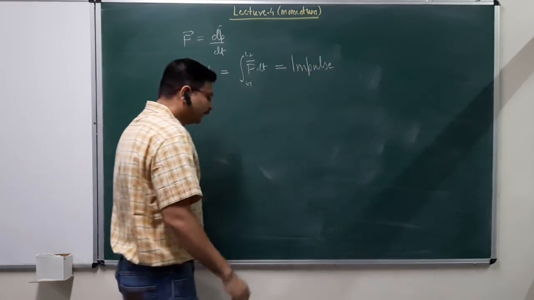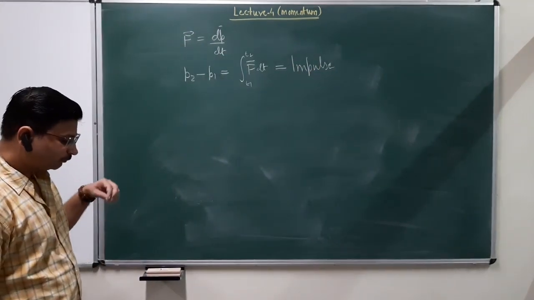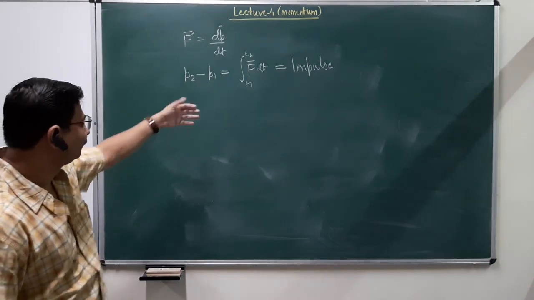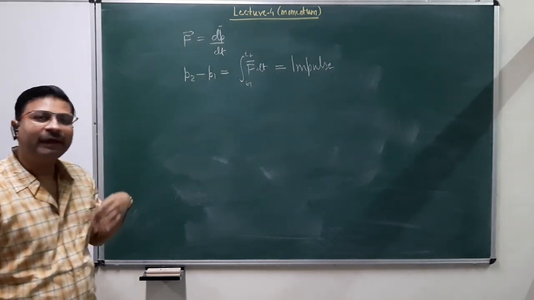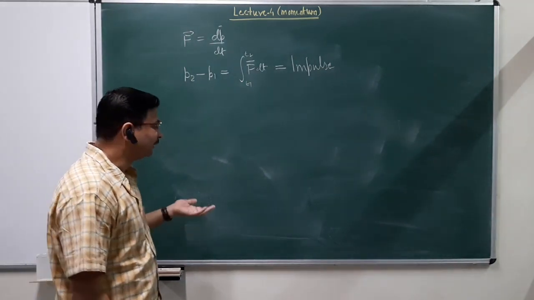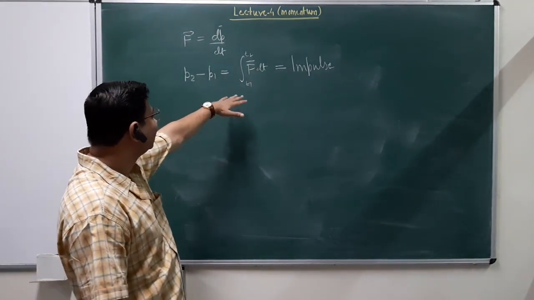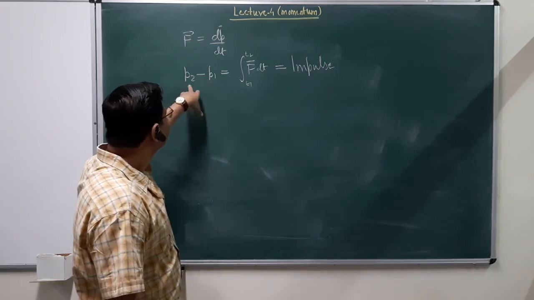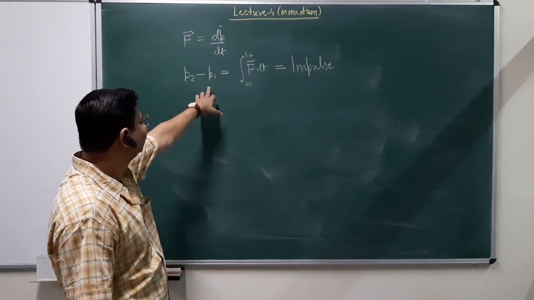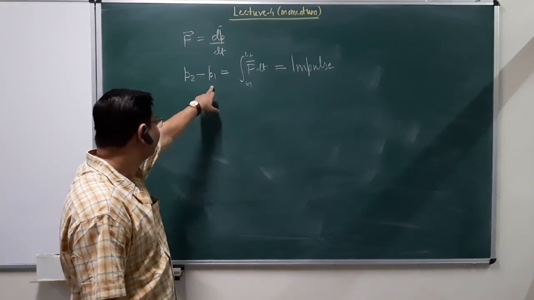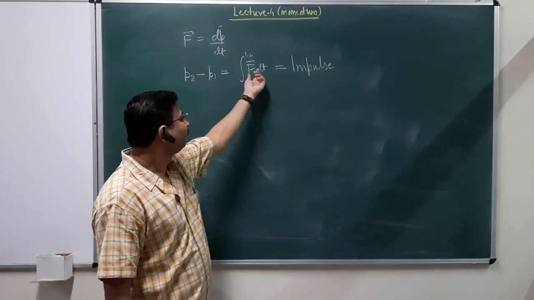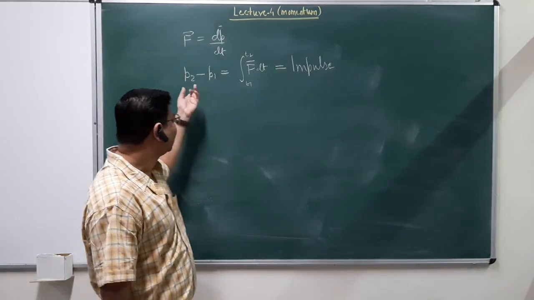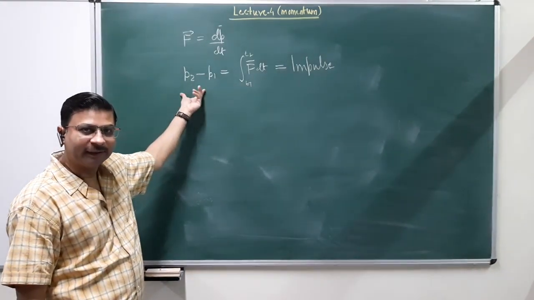impulse, right? And if you look at the same equation of motion in a slightly different way, it does convey some extra information. The change in momentum between the initial and final state is an integral of force over the time that it takes to change the momentum, right?